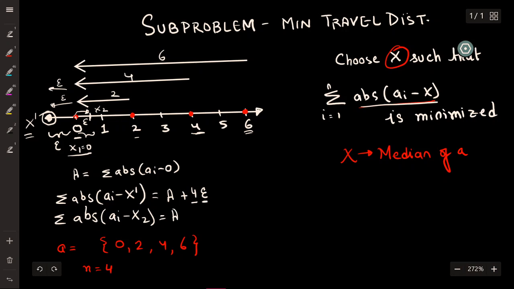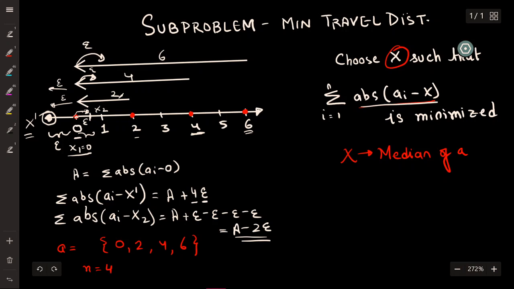So a plus epsilon. The second point had to travel 2 distance to reach 0, but now it stops epsilon distance before, so it is traveling epsilon less. Similarly, 4 travels epsilon less, and 6 travels epsilon less too. So it's minus epsilon three times, giving a minus 2 epsilon.